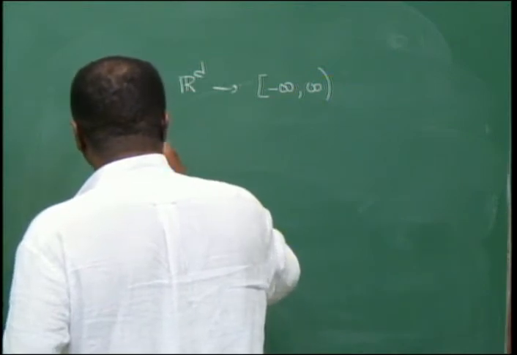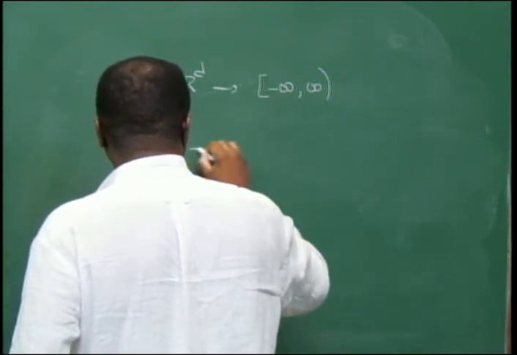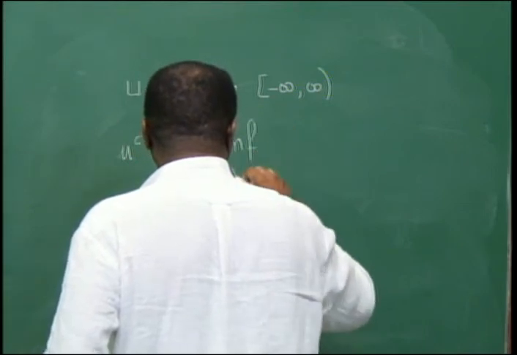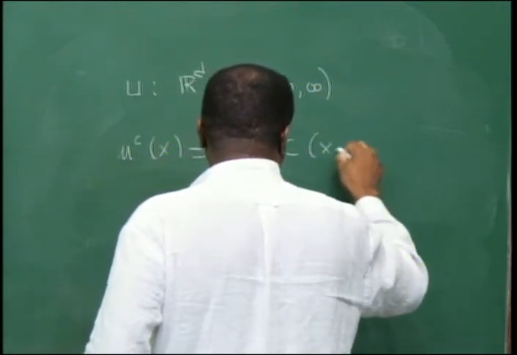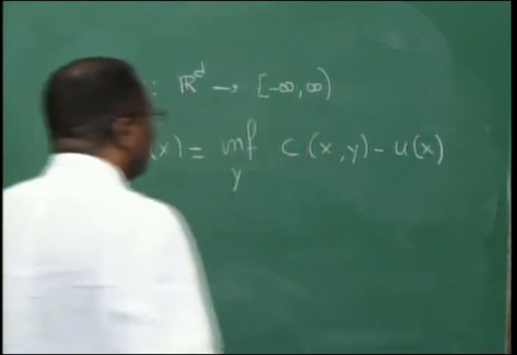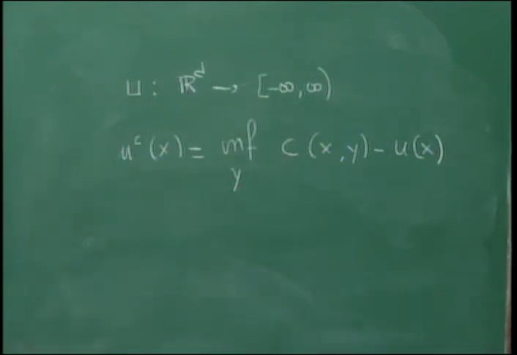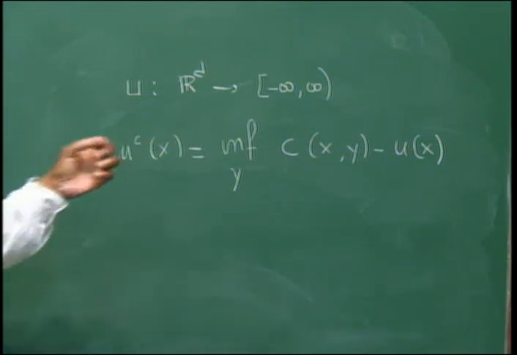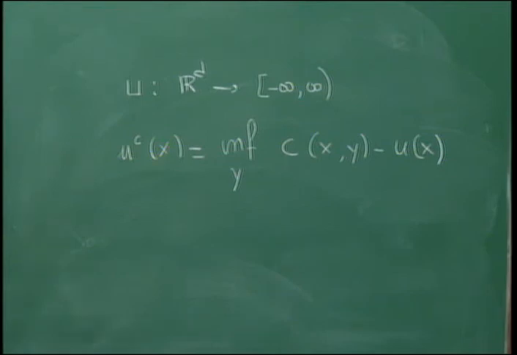And I want to compute u^c of x, which is by definition the infimum over y of c(x,y) minus u(x). Assume that given x, I have a y which is a minimizer.